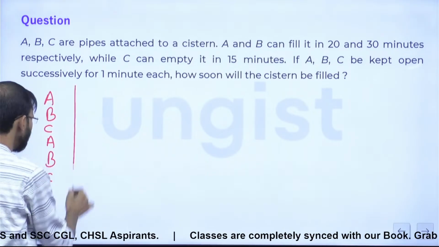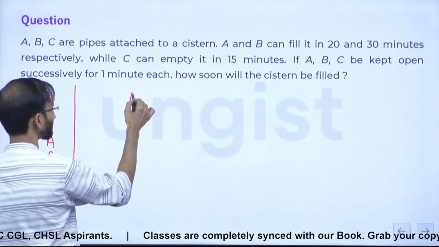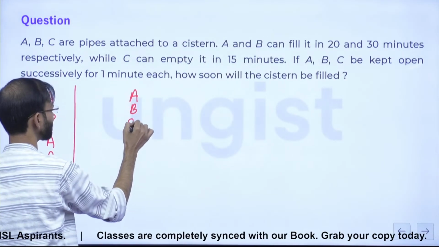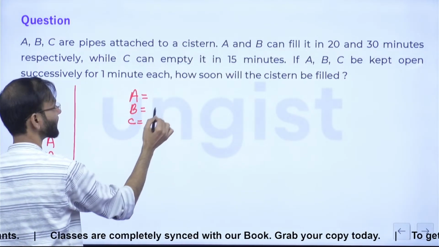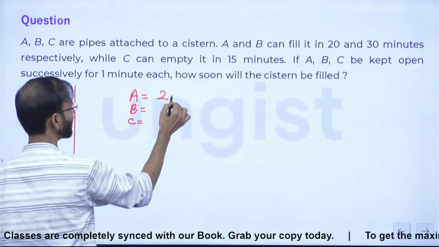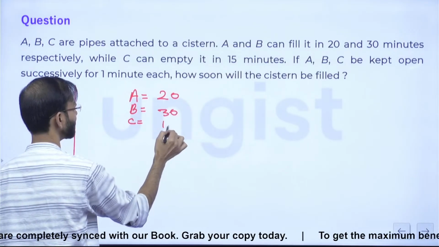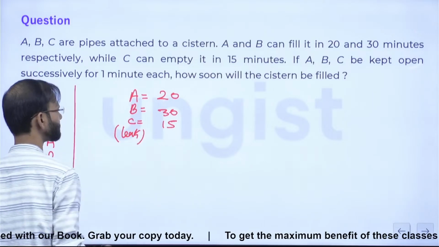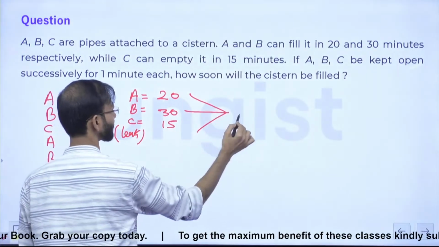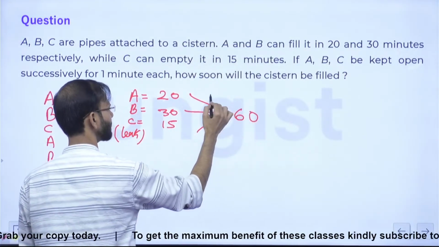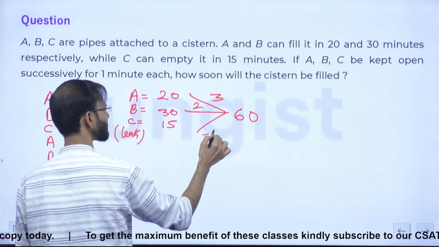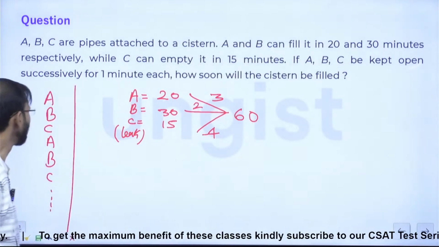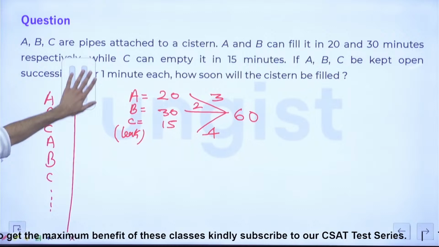Okay. Tell me one thing. A, B, C are how much? 20, 30, 15. C is the leak, everyone? What is the LCM? 3, 2, minus 4. Right, everyone? Okay?